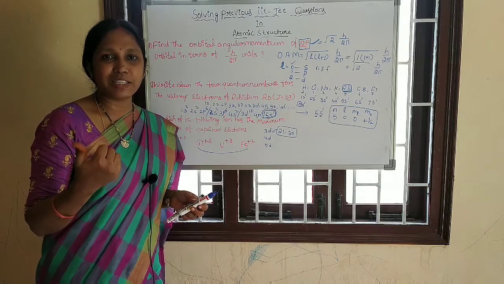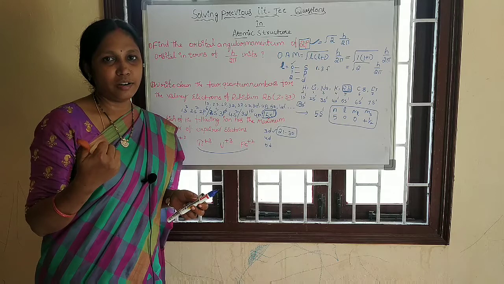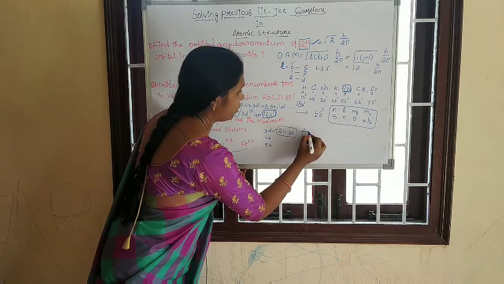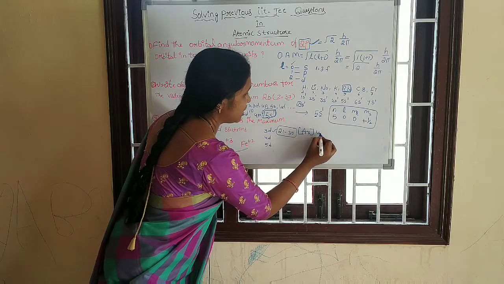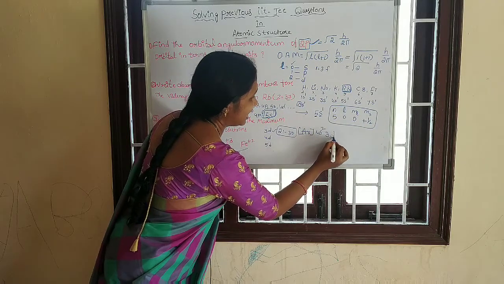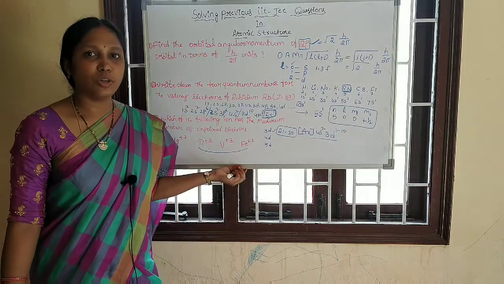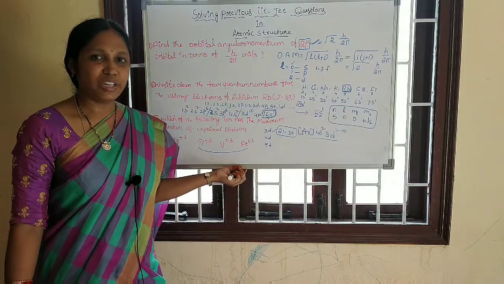So scandium means the d has 1 electron. Now see their configuration: argon 4s2 3d1 to 10.